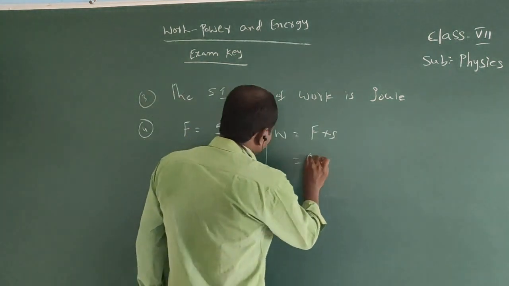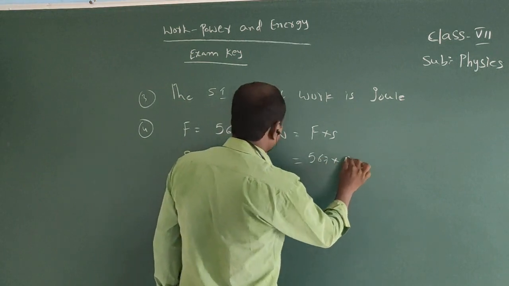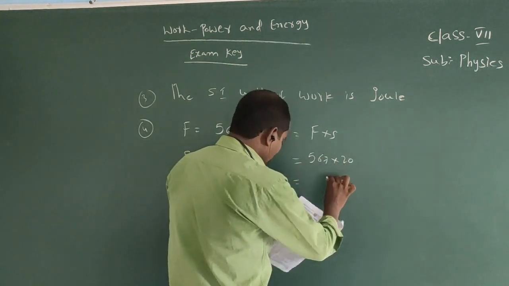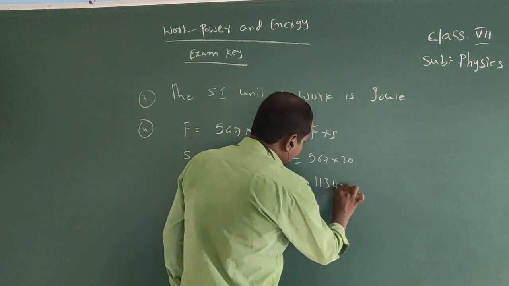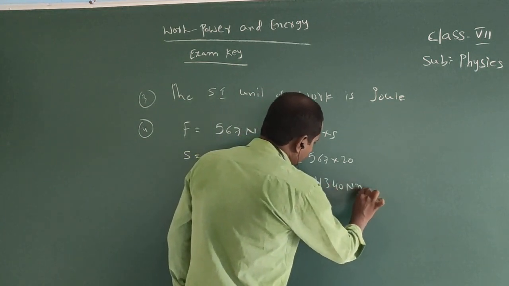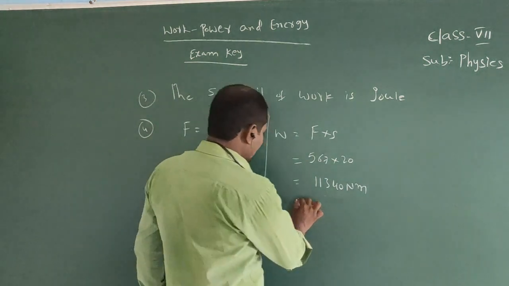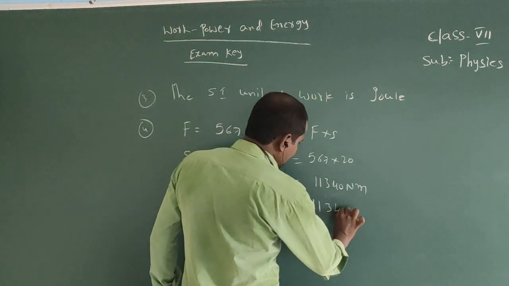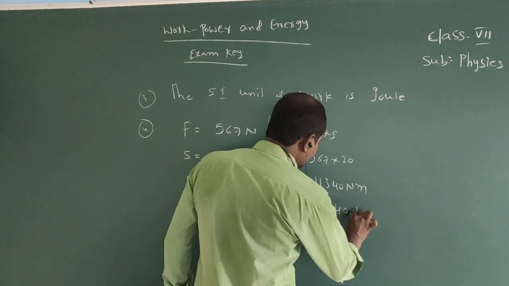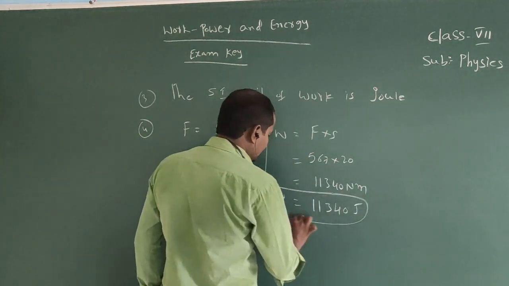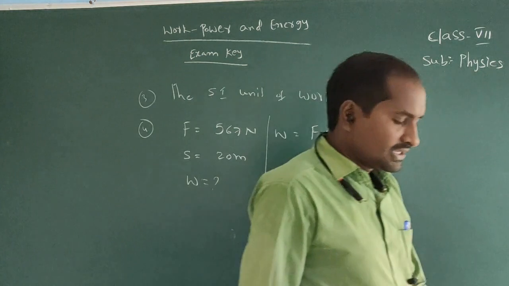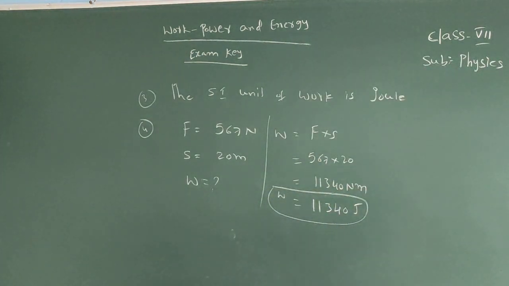That means 567 into 20 meters equals 11,340 newton meters or joules. We can write 11,340 joules. It is the work done. The product of force and displacement is called work done. So your work done equals 11,340 joules. Okay.